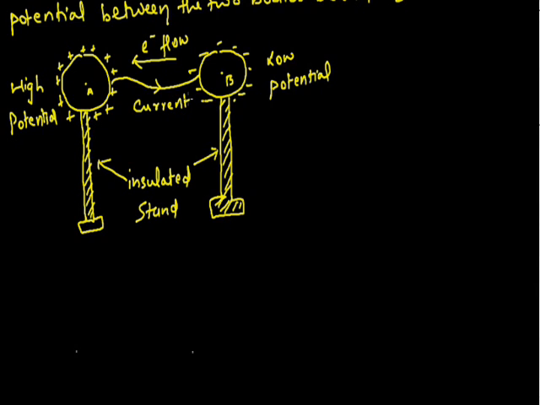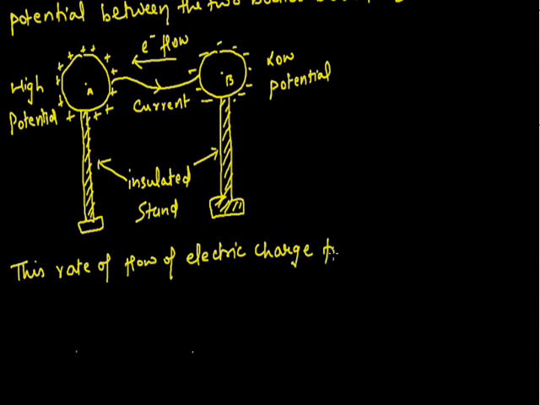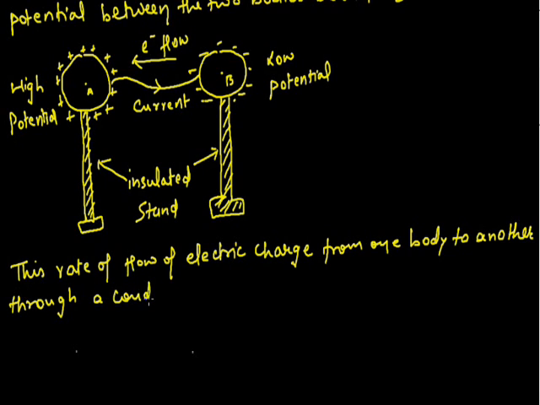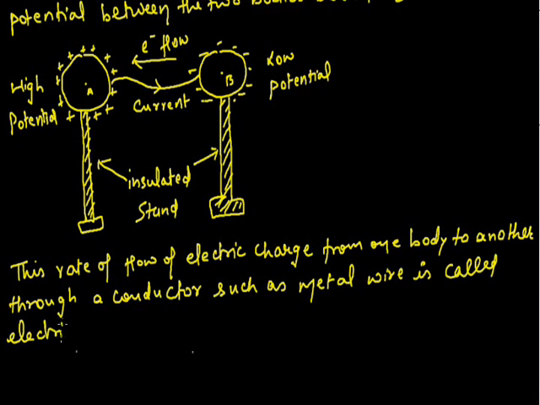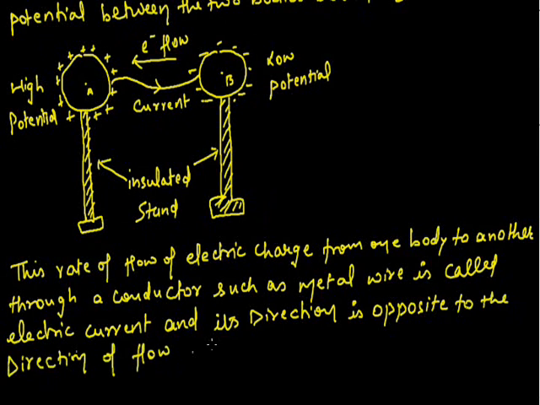So we can say that the rate of flow of electric charge from one body to another body through a conductor such as a metal wire is called electric current, and its direction is opposite to the direction of flow of electrons.